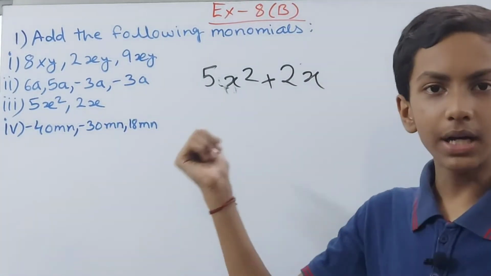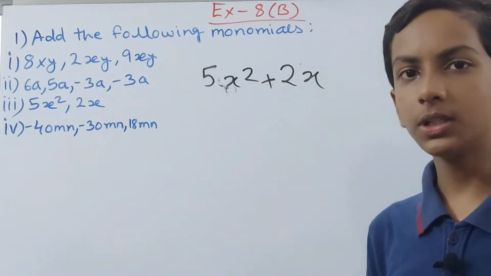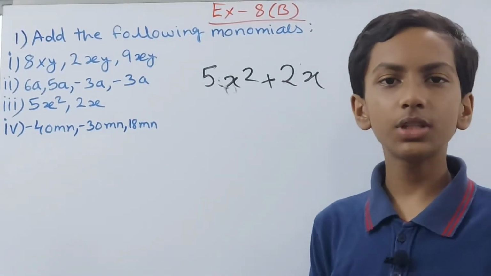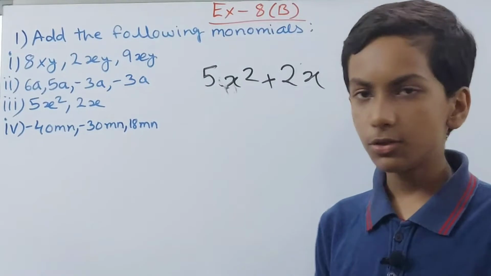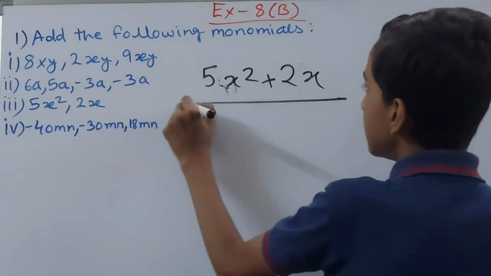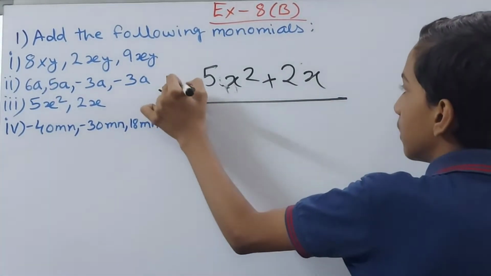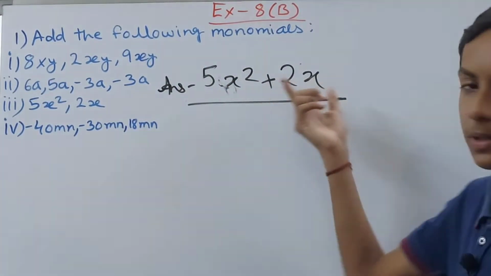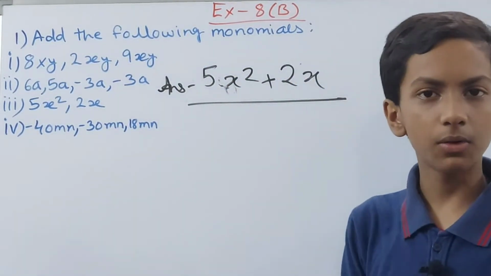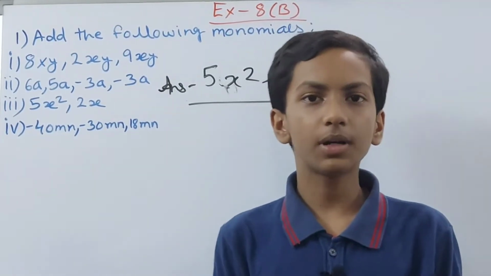So is the variable part the same? No. This means the terms are unlike terms, and when there are unlike terms we cannot add them. So you simply write this as your answer, 5x square plus 2x. We don't solve this any further.